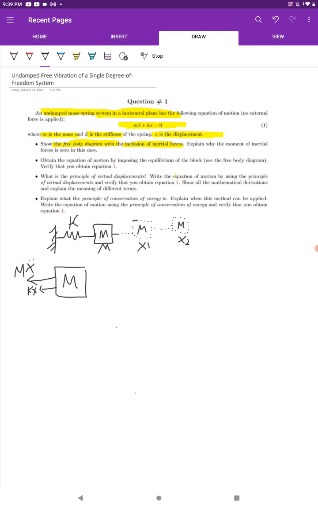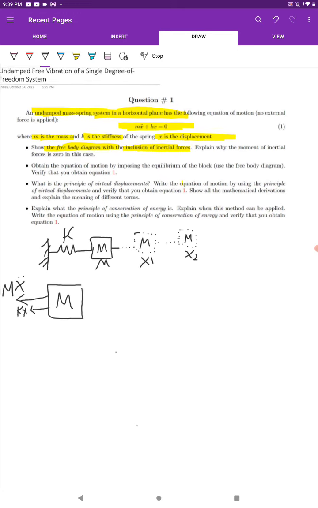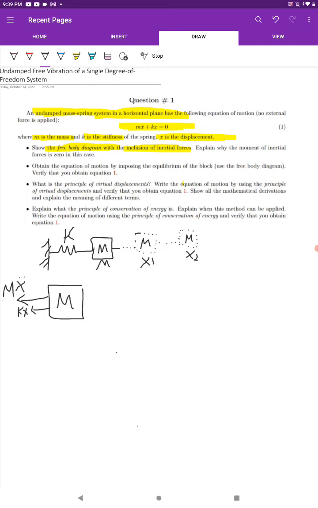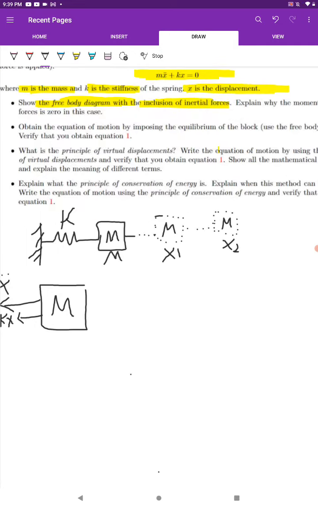And then the second part of this question is explaining why the moment of inertial forces is 0.